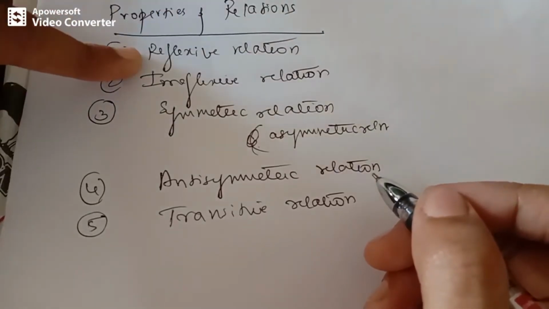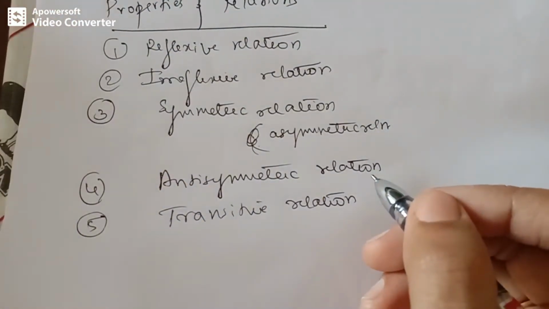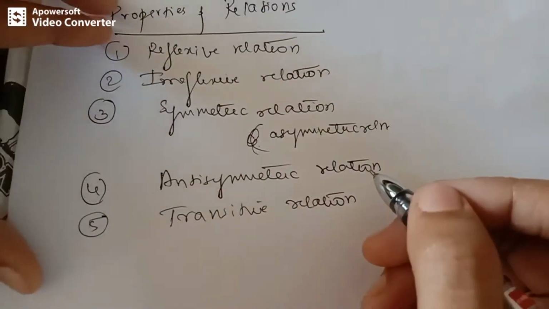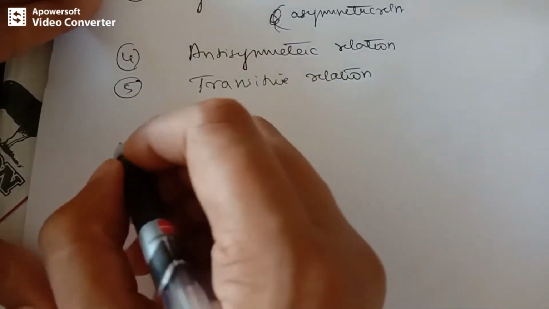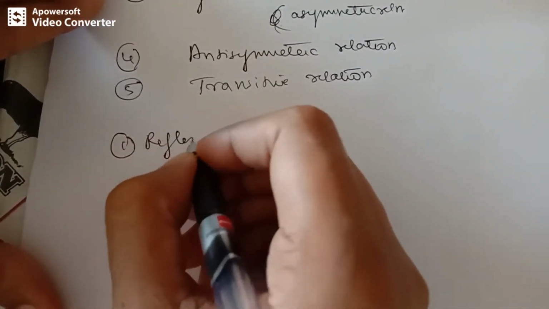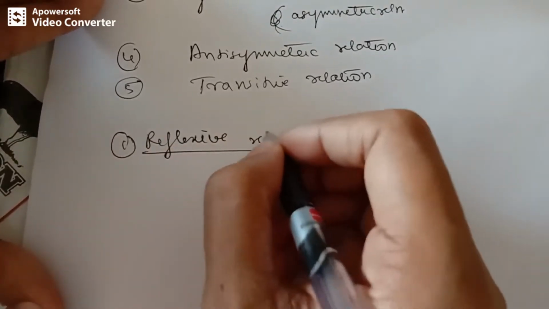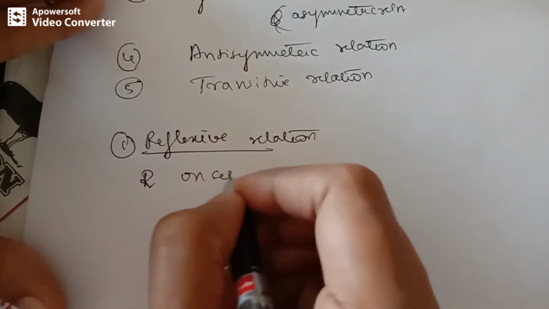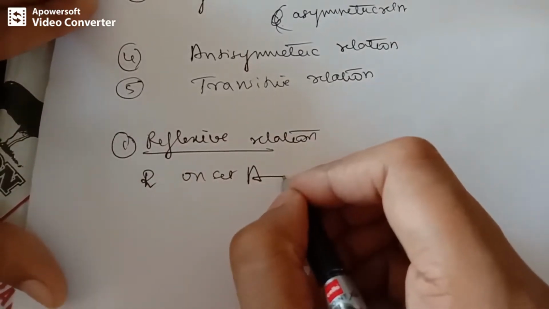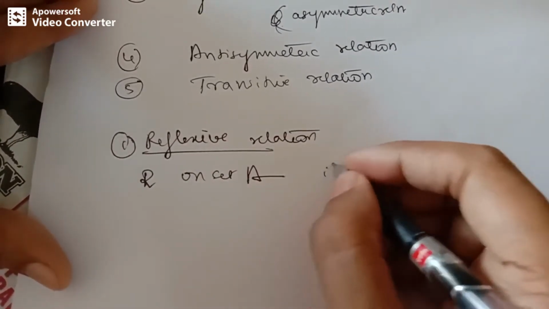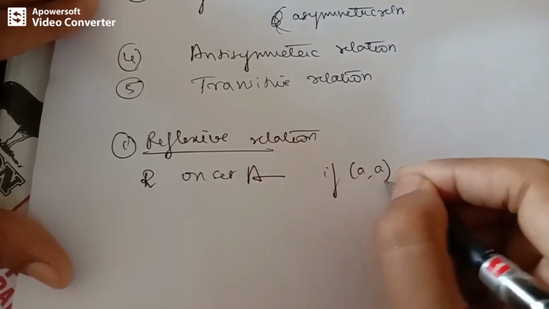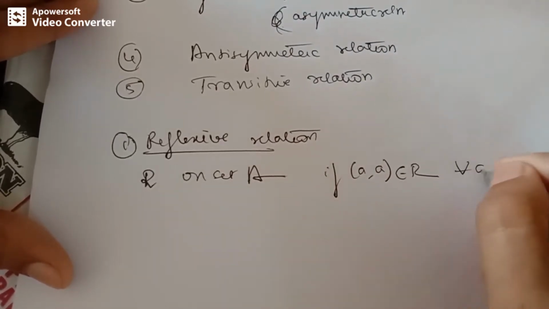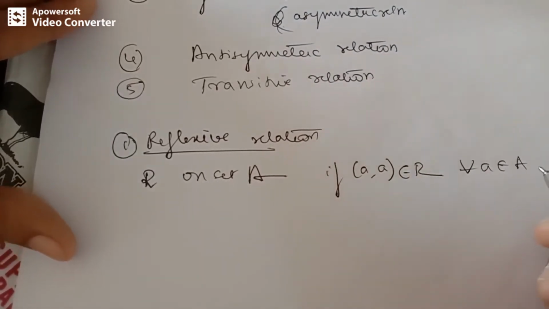So first of all, let's start with what is reflexive relation. Let me start with the definition. A relation R on a set A is said to be reflexive if the ordered pair (a, a) belongs to R for all a in the set.